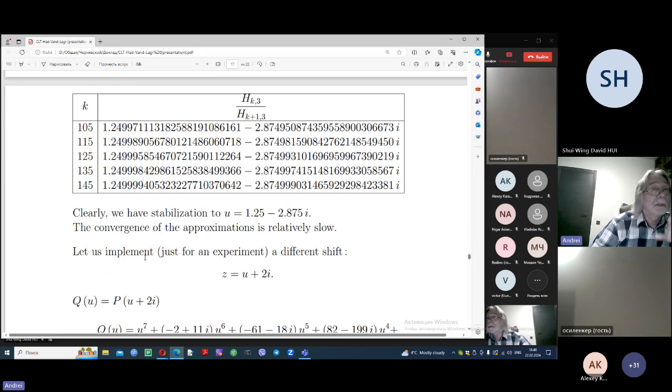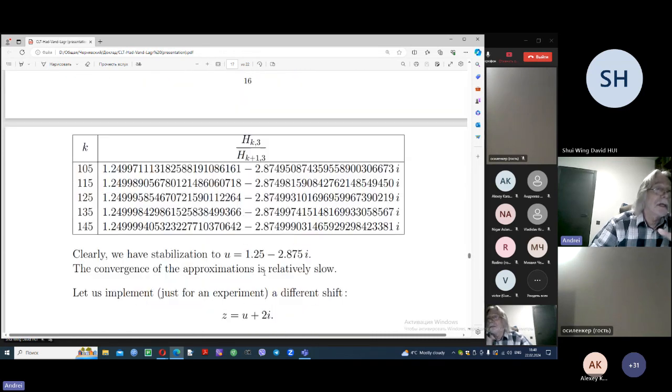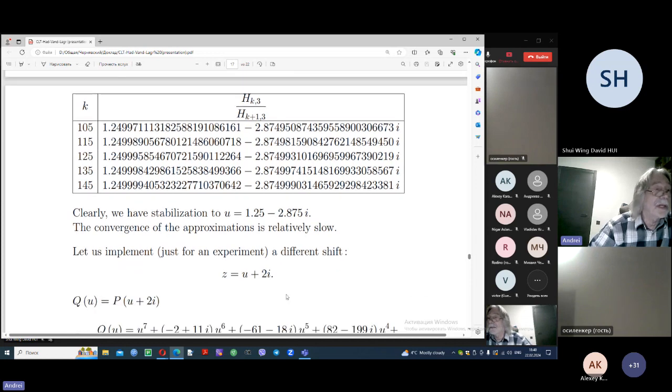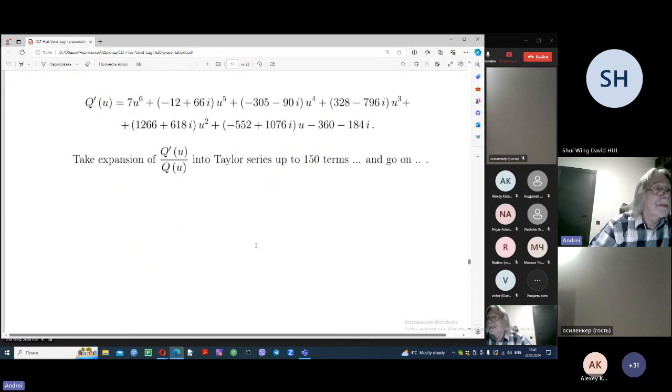Let us implement a different shift. See, again, we already somehow guessed that this imaginary axis is not the axis of symmetry. So let us implement a greater shift. And what do we see then?